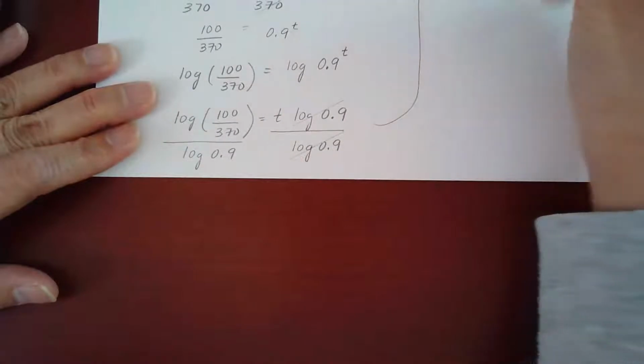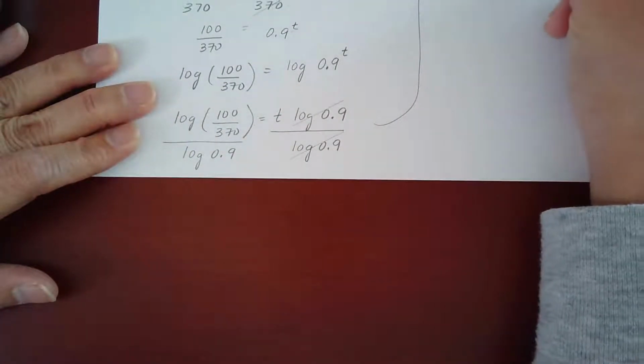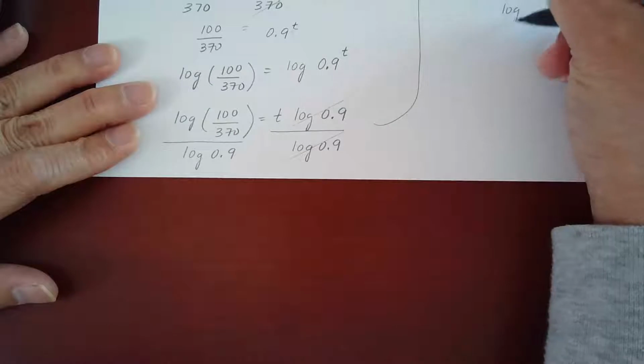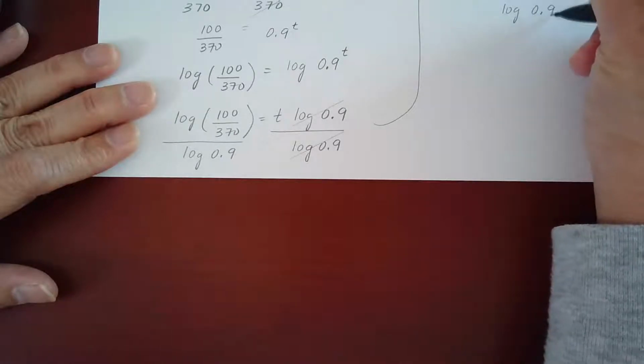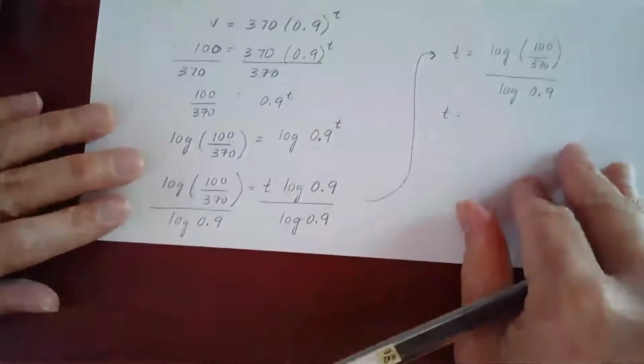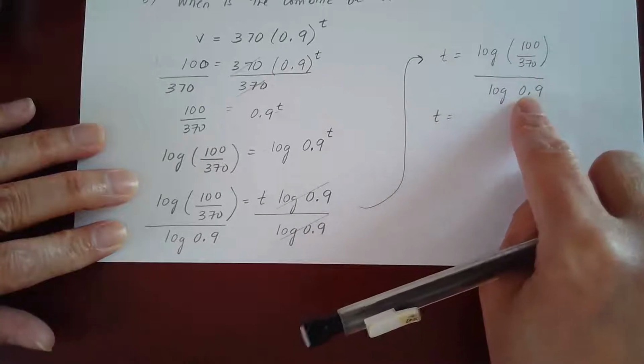t is equal to log of 100 divided by 370, divided by log of 0.9. And these ones are just a whole number.